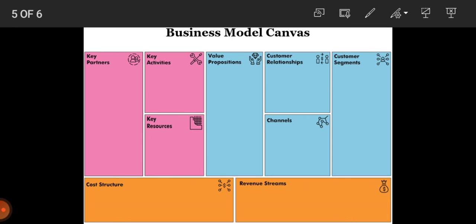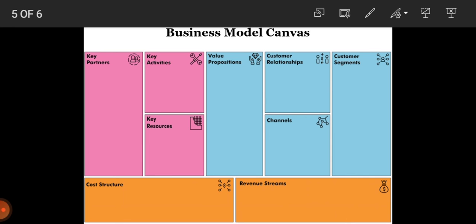Next we have customer segments. The process of dividing customers into groups based on common characteristics, so companies can market to each group effectively and appropriately.